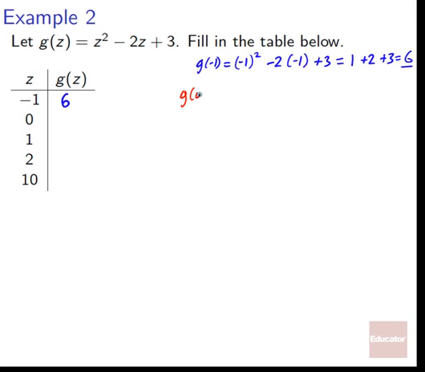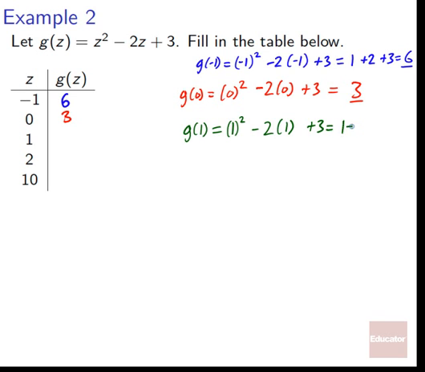Next, g of 0, 0 squared minus 2 times 0 plus 3. Well, that simplifies to just 3 because those zeros, they disappear. If we want to plug in g of 1, then we get 1 squared minus 2 times 1 plus 3.